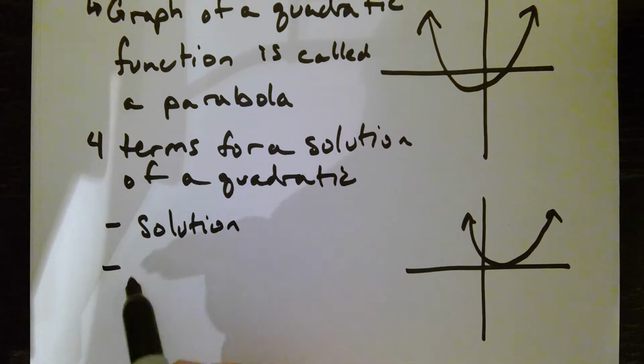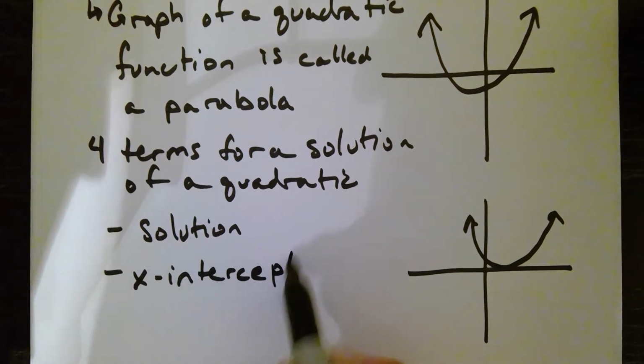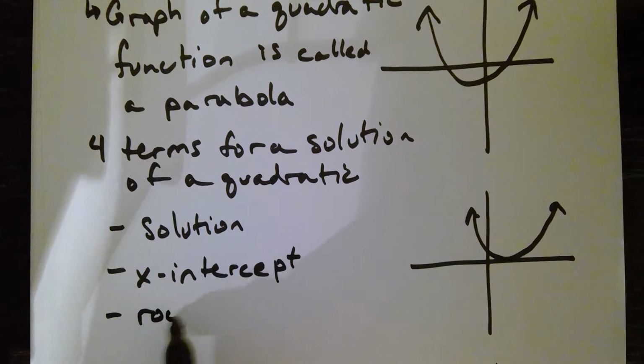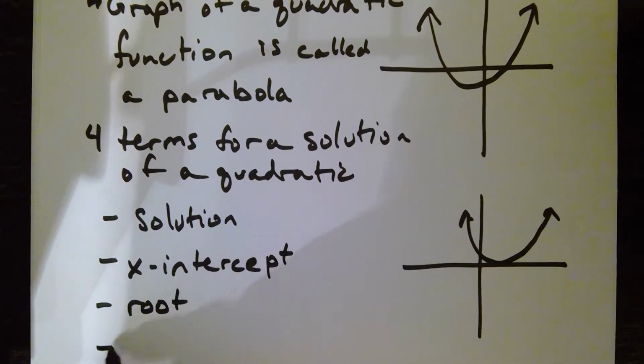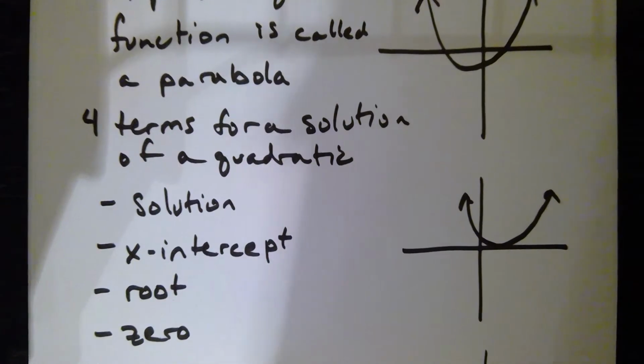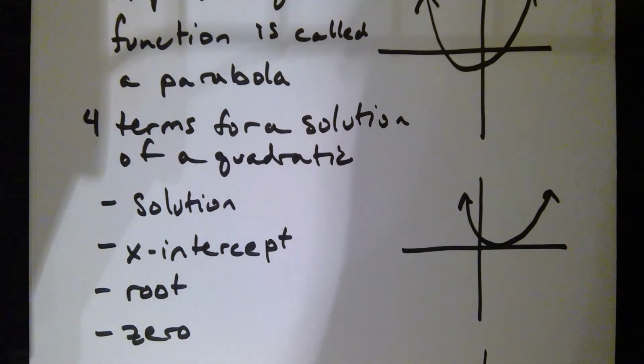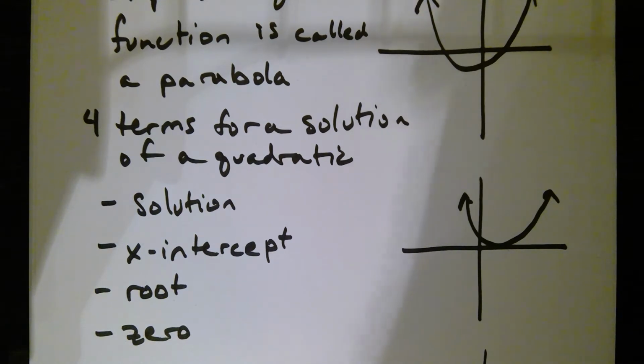We can call it an x-intercept. We can call it a root. And we can call it a zero. Okay? These are all possible words that you may see on a test in this class or on the EOC to refer to the same thing.